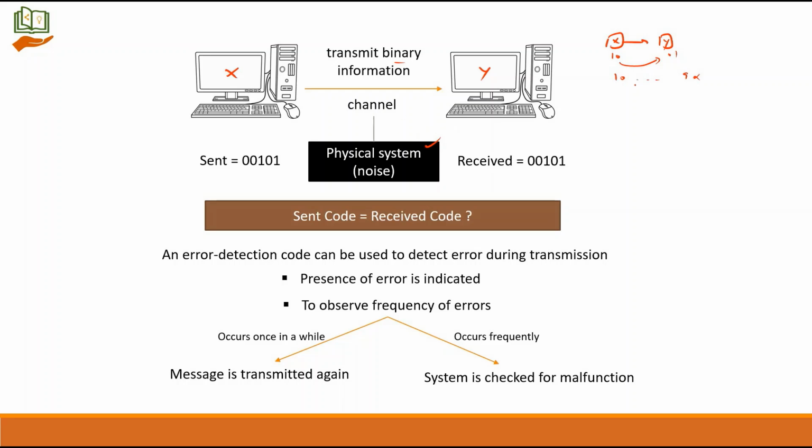But out of 10, if 9 reach correctly, one might have had some problem in the middle. You can transmit that one again. So whether you are going to transmit it once again or whether the system is going to be checked for some malfunctioning, everything depends on the frequency of errors. At least for this purpose, we need some code, and that is what we call an error detection code.